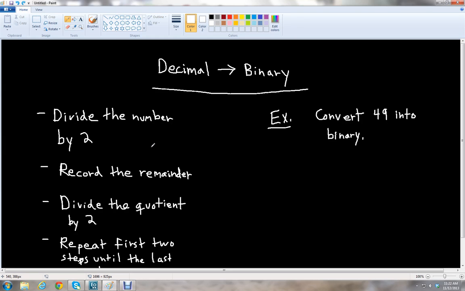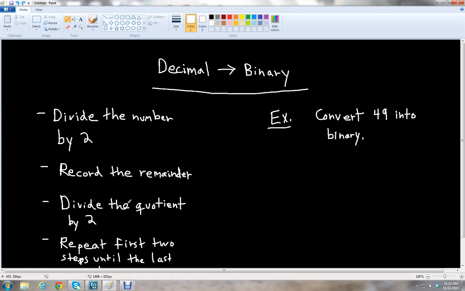And so the rule is to divide the number by 2. The reason we divide the number by 2 is because binary is a base 2 system. So we're using the number 2. And then we're going to record the remainder after we divide.